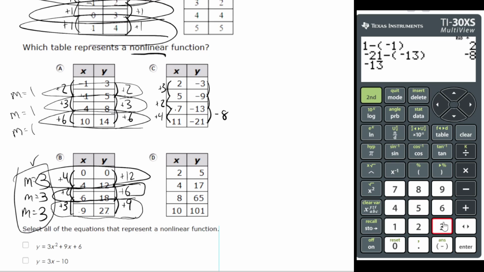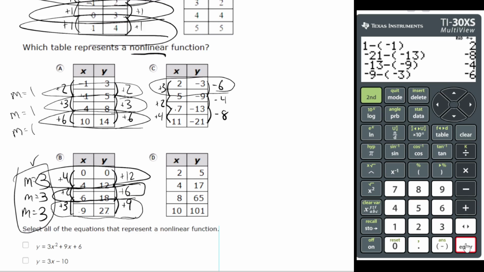Negative 13 minus negative 9 is negative 4. And finally, negative 9 minus negative 3 would be negative 6.